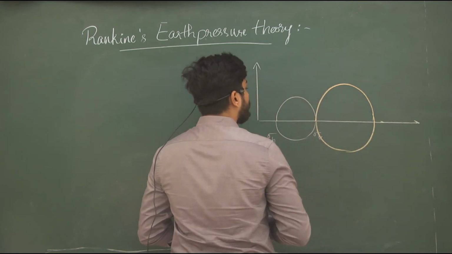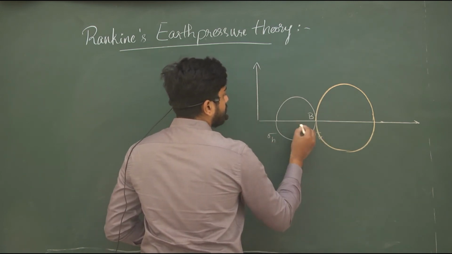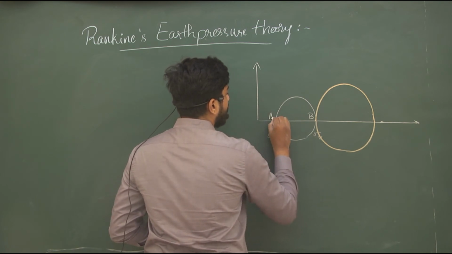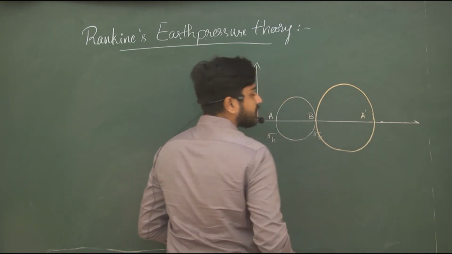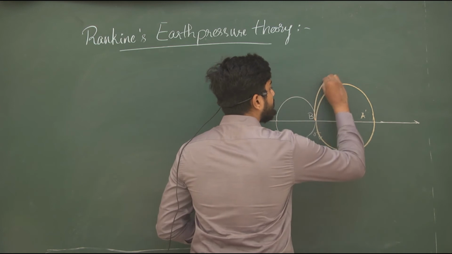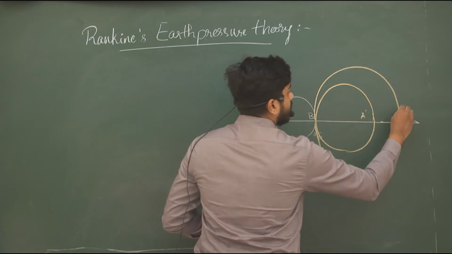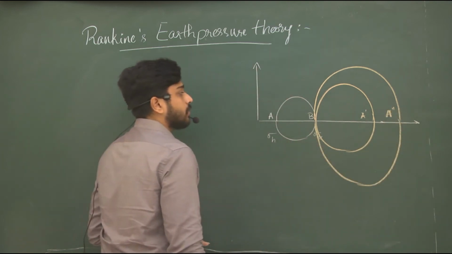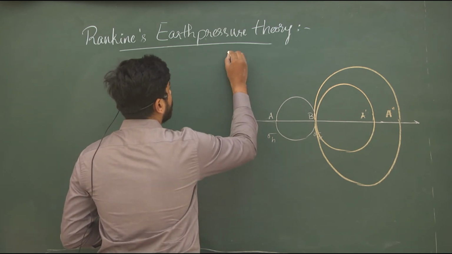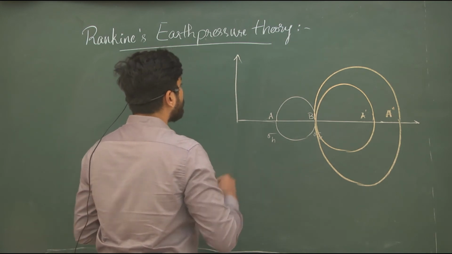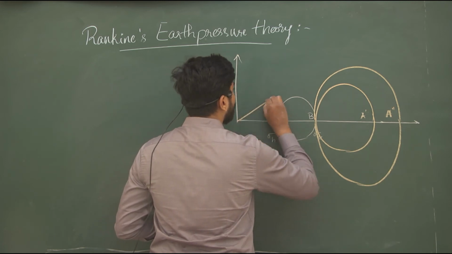After some amount of time, upon further increasing, let us denote this by B and let this particular thing be A. After a certain amount of increase in lateral stress, it has gone to A dash, and upon further increasing, I have obtained this as A double dash. At this stage, let us say this is at the verge of failure.